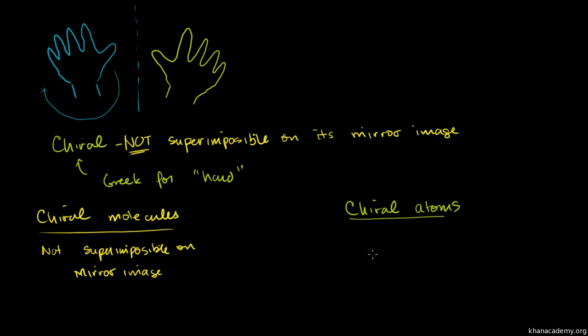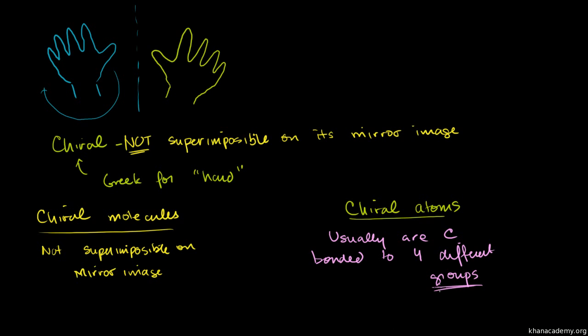But when you look for chiral atoms within a molecule, the best way to spot them is to recognize that these generally, or maybe I should say usually, are carbons, especially when we're dealing with organic chemistry, but they could be phosphoruses or sulfurs. But usually are carbons bonded to four different groups. And I want to emphasize groups, not just four different atoms.